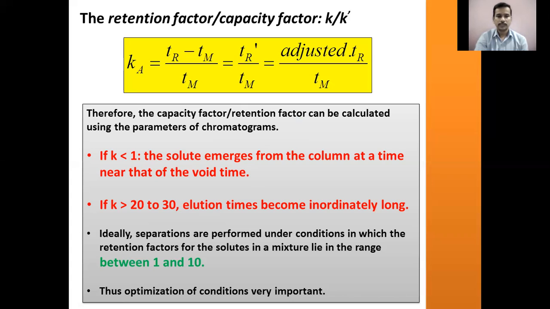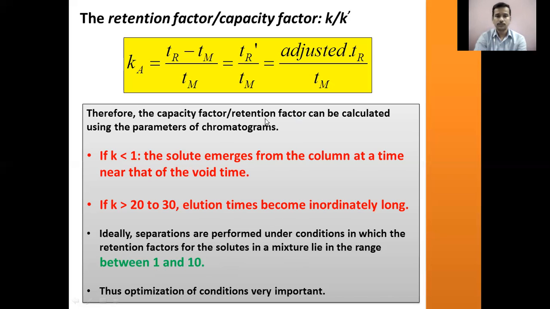Therefore, it is very, very essential to adjust the chromatographic conditions in such a way that the capacity factor value under such experimental conditions should be between 1 and 10, neither less than 1 nor greater than 10. In such a way, you have to adjust the capacity factor.